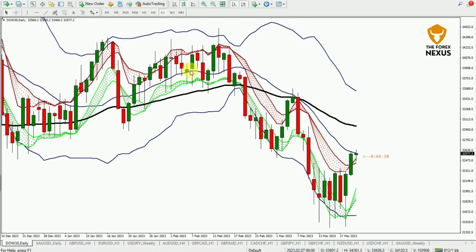and daily time frame. Here we got the CSD at this point.